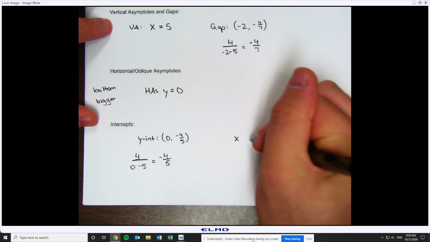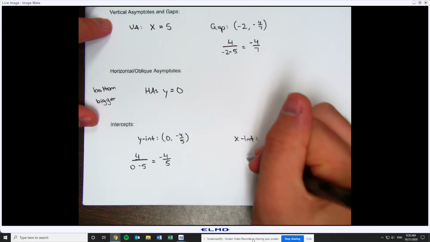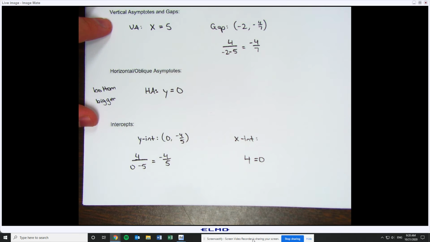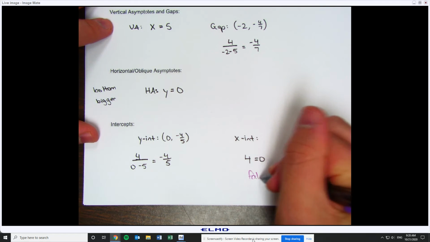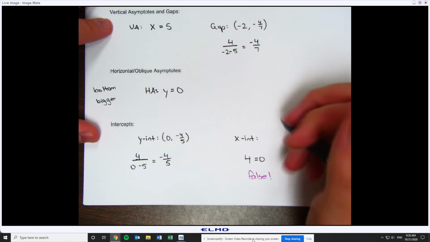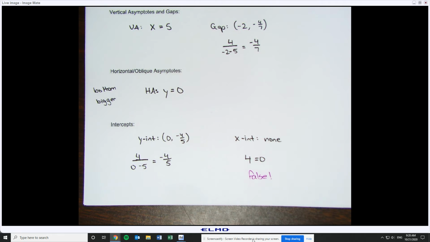For the x-intercept, I take my numerator, the lowest terms, 4, and I have to set it equal to 0. That is a false statement. So since it's a false statement, we have none. All done. We have filled in every bit of information that we can.